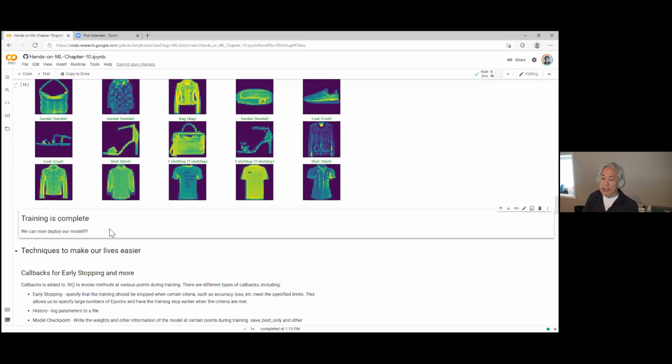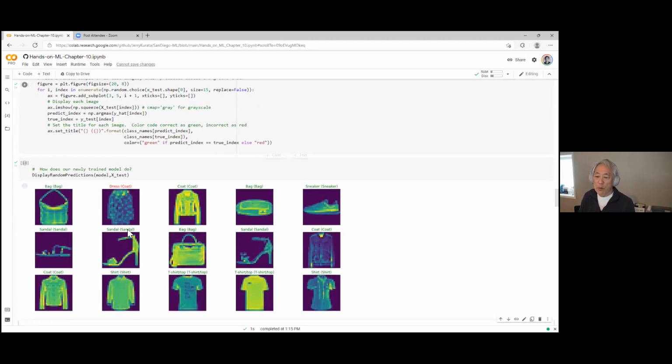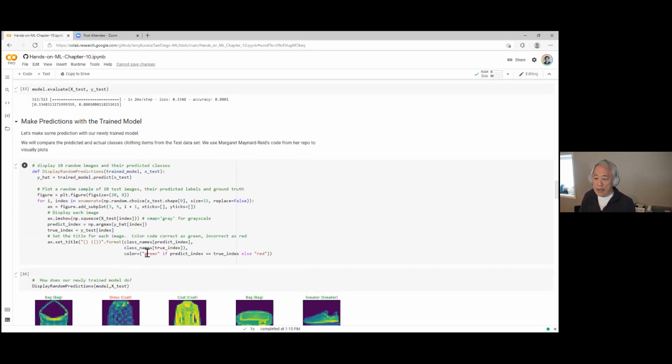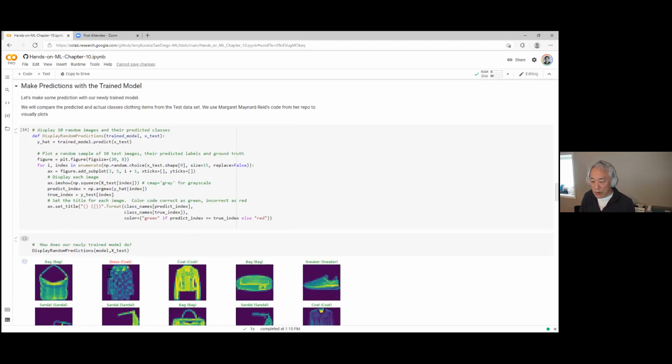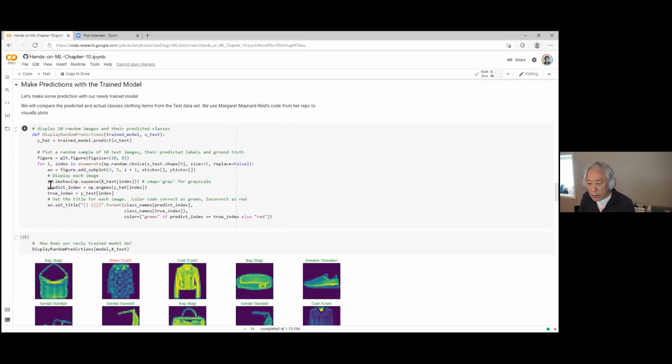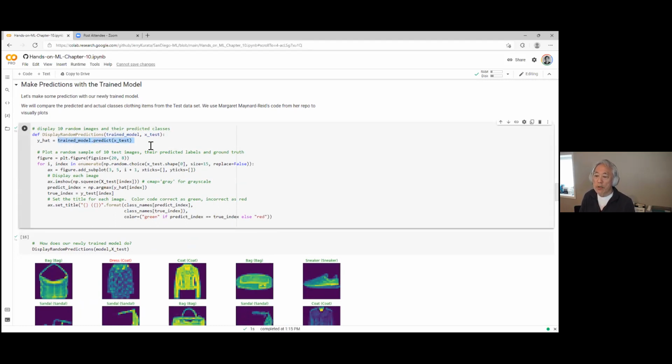We can deploy this model into some sort of application, because we can take our trained model, take its weights, and run it just as we did here with this little predict function. Right here, trained model predict, one line of code.